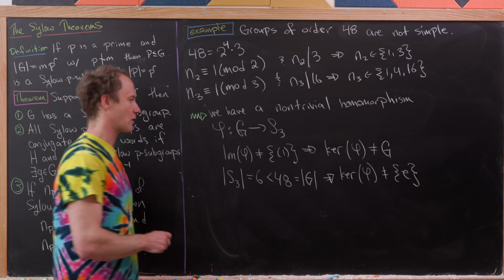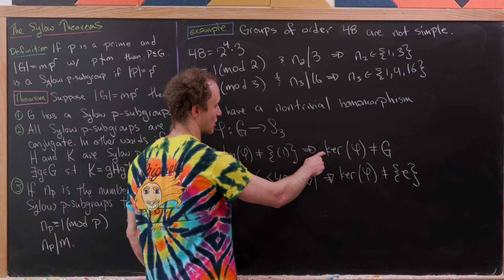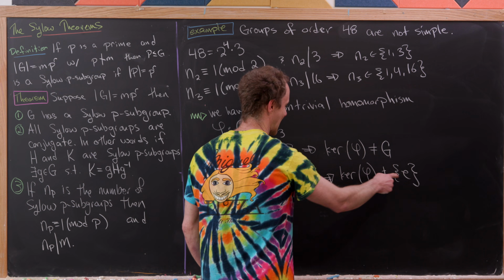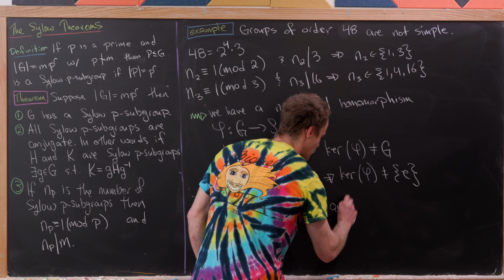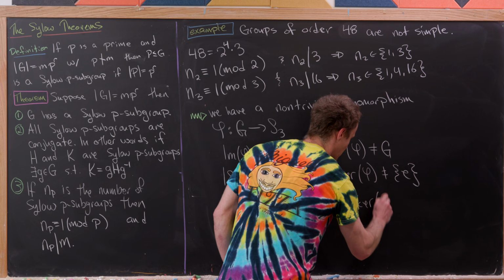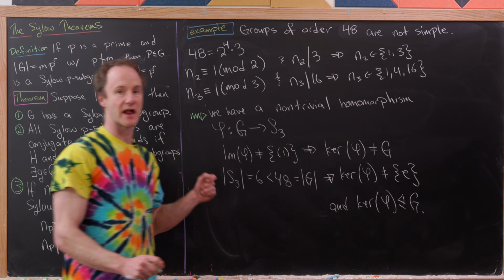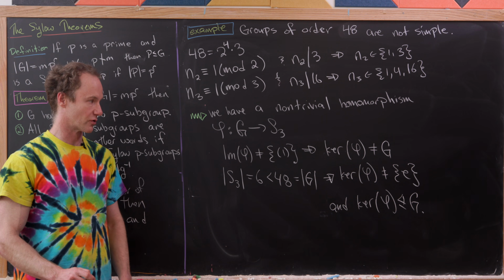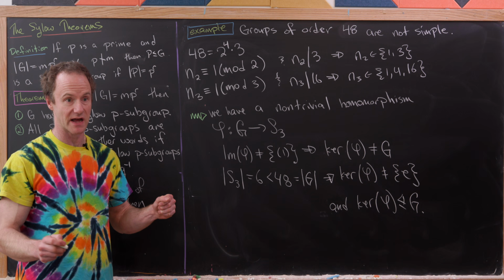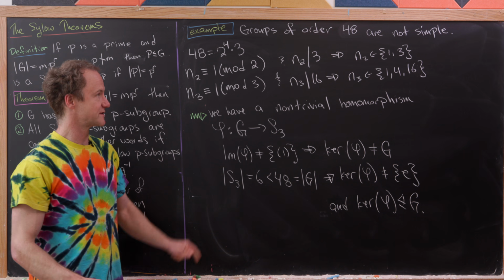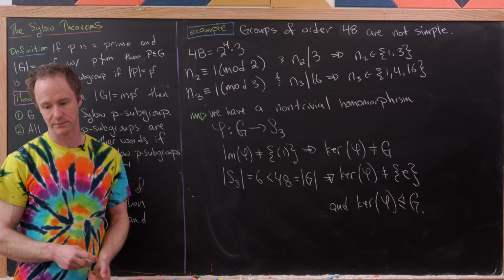But check it out. What do we have? We've got a kernel which is not the whole group, and it's not just the trivial subgroup. And we know that the kernel is always a normal subgroup. So we've got a normal subgroup of our group that's not the whole group and it's not the trivial group. In other words, we've got a non-trivial normal subgroup, meaning our group cannot be simple.